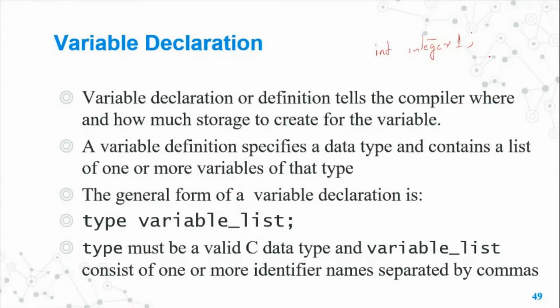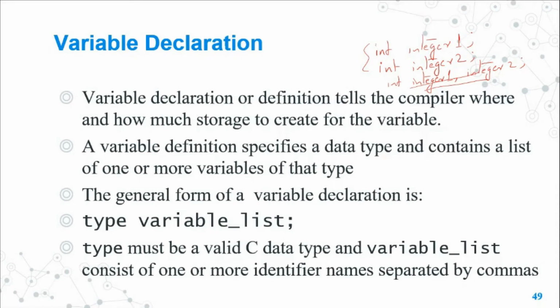The second one is int a2; this is another one. Combining these together, we can write int a1, a2; ending with a semicolon. This way of defining or declaring variables is also possible.